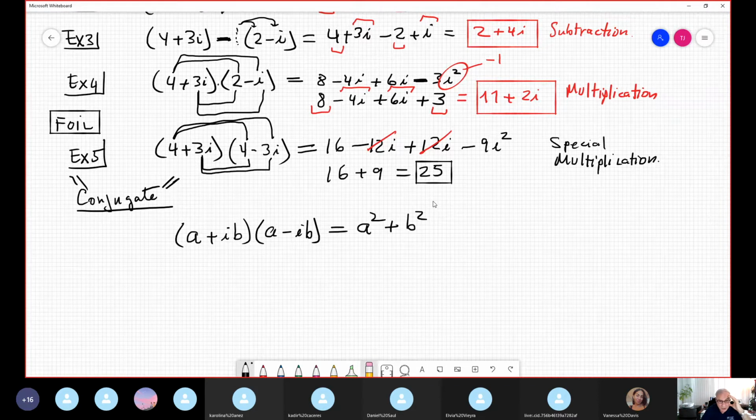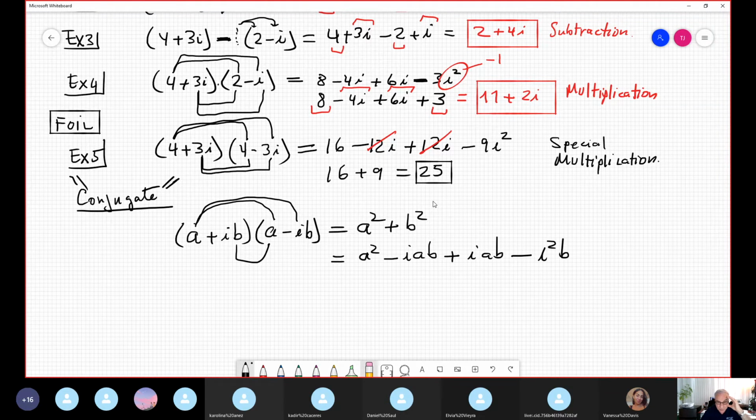If you don't want to memorize it, no problem. Let's do it by FOIL. a times a is a squared. Outer, this and this is minus aib. Inner, this and this is i again, but plus aib. Then minus a squared b squared... minus i squared b squared. The middle terms cancel out, exactly as always.